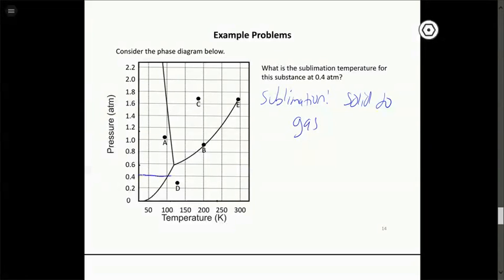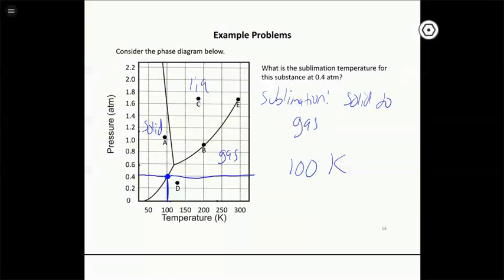So 0.4 atmospheres is right here. This is solid, liquid, and gas, as we already labeled. Going directly from the solid to gas occurs right at that temperature there. We go down to the x-axis, and that's going to be 100 Kelvin. So that's the sublimation temperature.